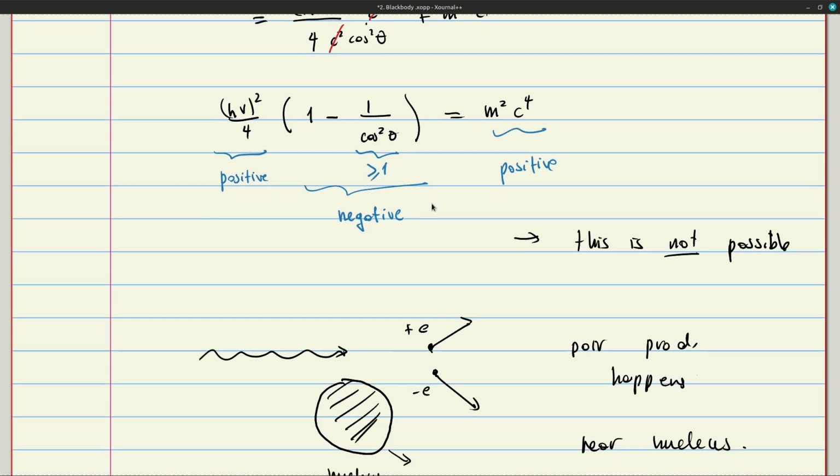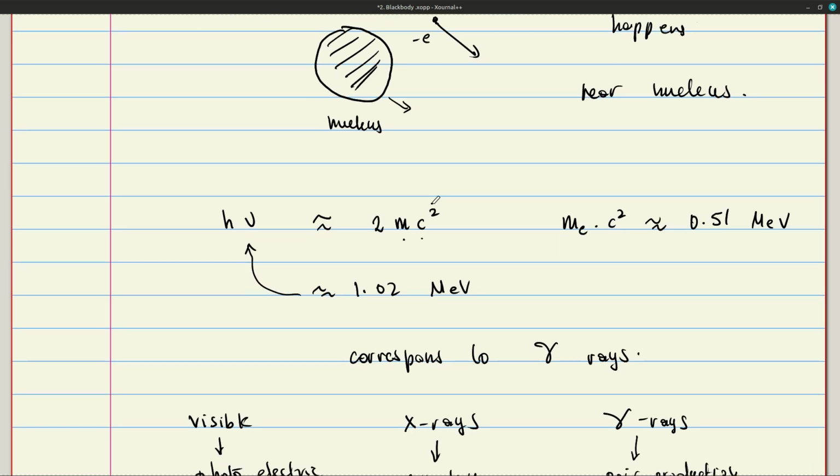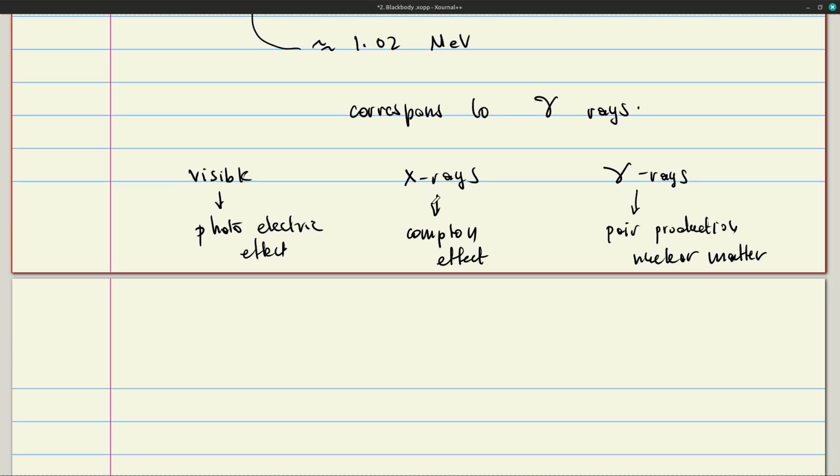Yes. What exactly in the nucleus of a uranium atom triggers this effect? In physics, everything that's allowed generally happens. What is allowed and what is not allowed is determined by these kinematic equations: conservation of energy, conservation of charge, conservation of momentum.